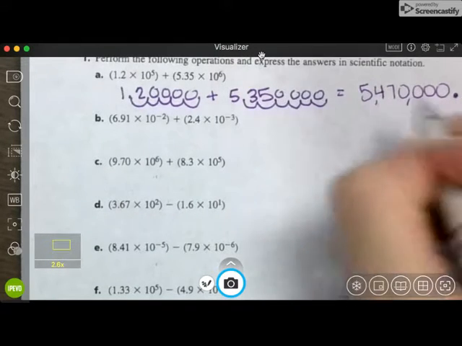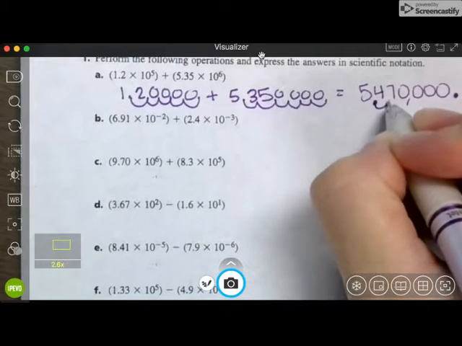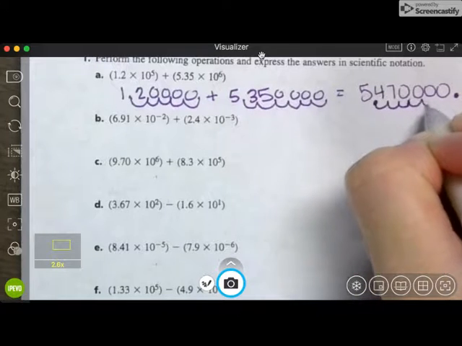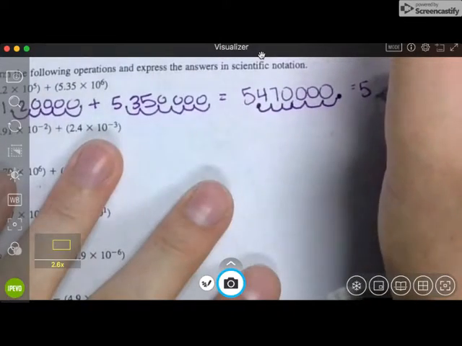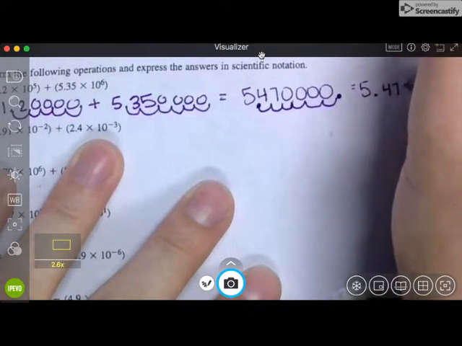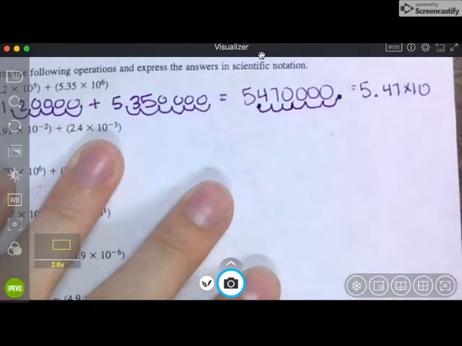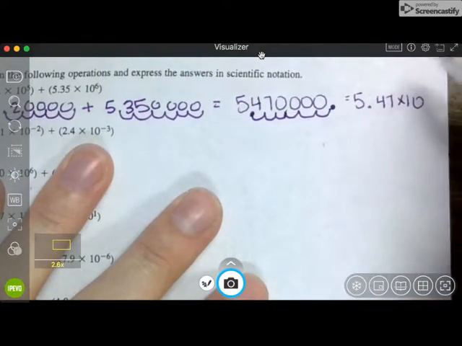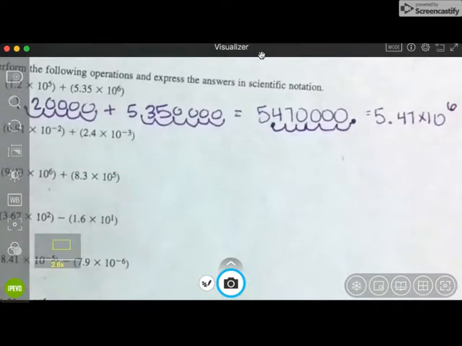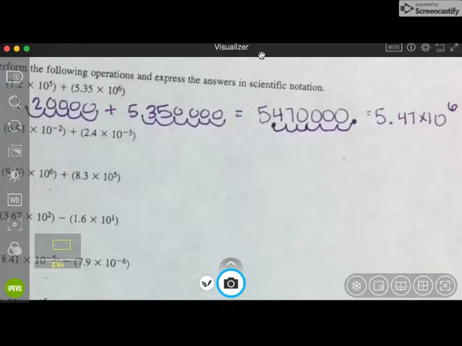My decimal is here. I want it to be here. 1, 2, 3, 4, 5, 6. So 5.47 times 10, and how many times did I have to move it? 6. Okay, so that's all I want you to do.